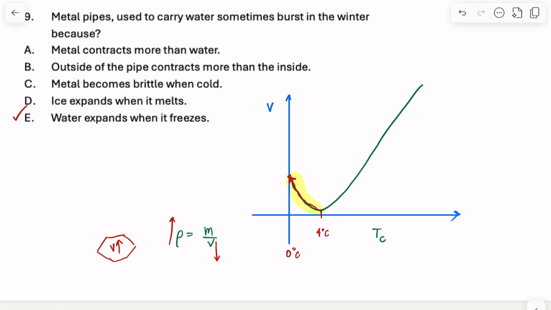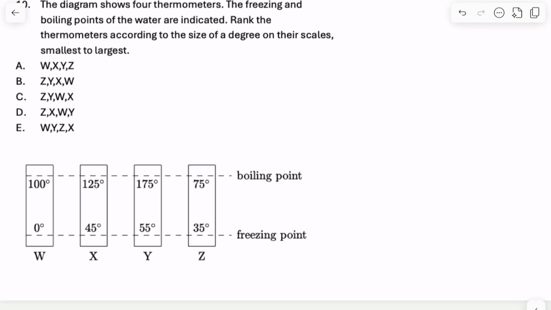So, burst. Number 10, the diagram shows 4 thermometers. The freezing and the boiling points of water are indicated. You have to rank the temperatures according to the size of a degree on their scale from smallest to largest. Now, that means to say, class, it's just like this. So if these are the range of the readings possible, what's the size of the degree?